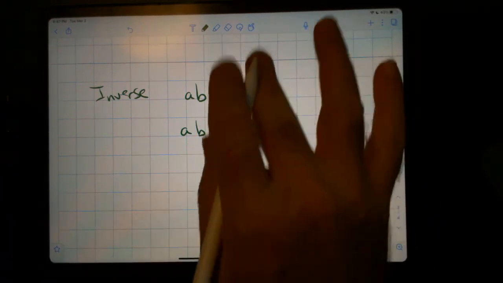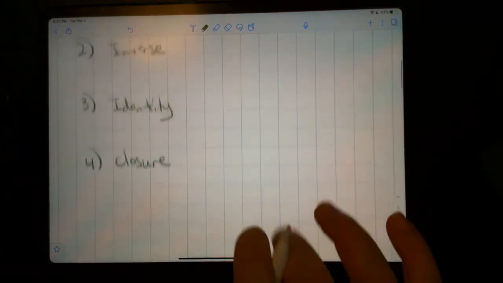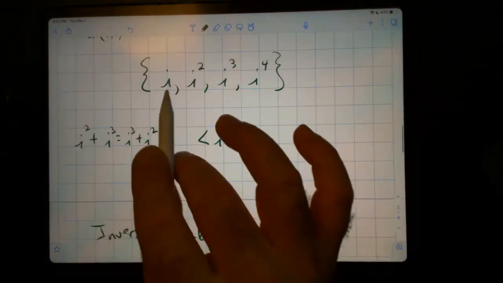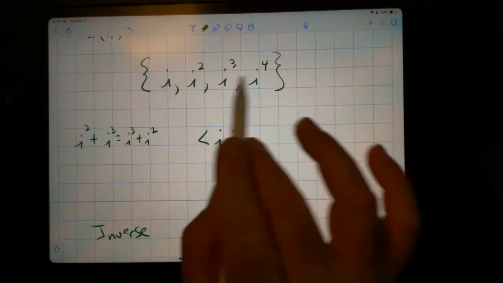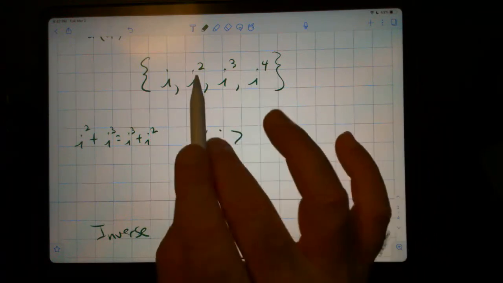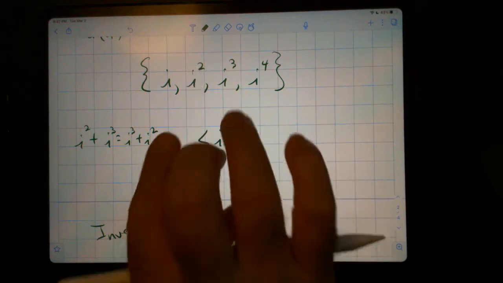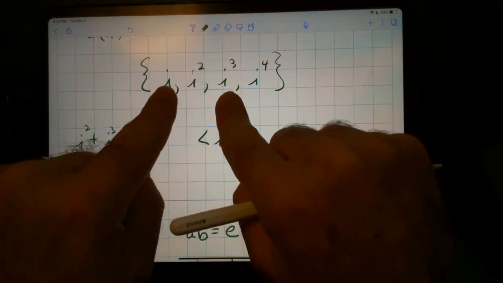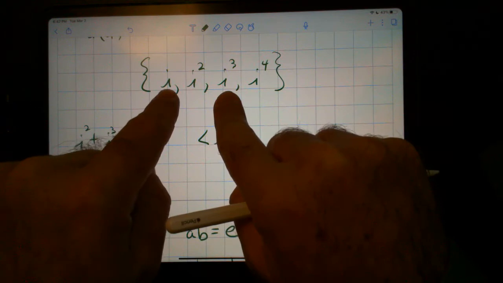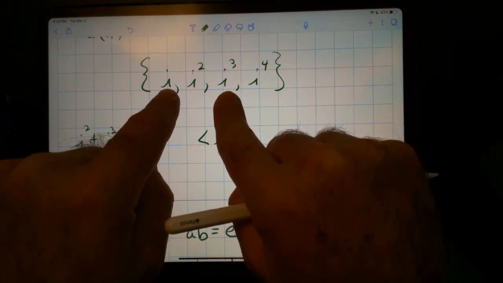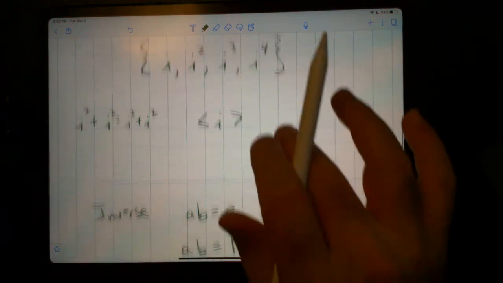And yes, we have two such elements in our group. If this is our group, a product of two of these gives you 1. Times this by itself twice, you get 1. Times these two, you get 1. i times i cubed is i to the 4th, and i to the 4th is 1. Okay, so it has the inverse.